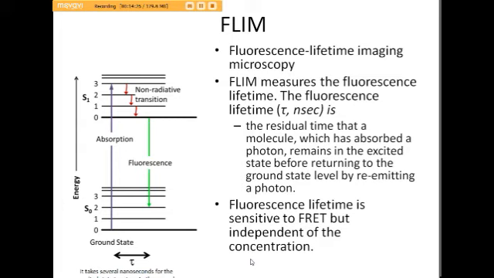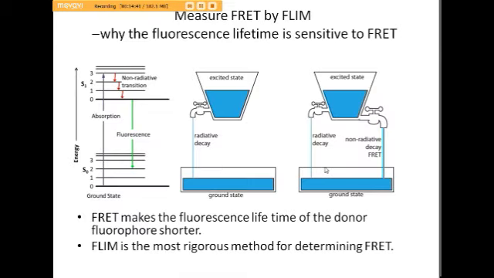This is different from fluorescence intensity. Fluorescence intensity is proportional to the fluorophore's concentration. The higher the concentration, the higher the fluorescence intensity. FLIM is commonly used to quantitatively measure FRET.